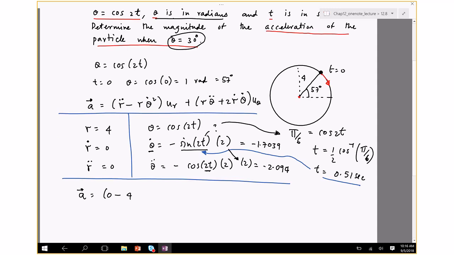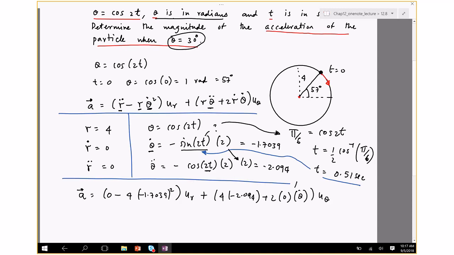Acceleration is r double dot, which is 0, minus r, which is 4, times theta dot, minus 1.7039 squared, u r, plus r, which is 4, times theta double dot, minus 2.094, plus 2 times r dot, which is 0, so it doesn't matter what is there for theta dot, u theta.